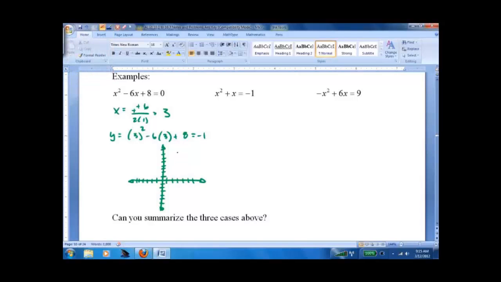Here's some examples. Come out to 3, 1, it's at 8. Here, it's going to hit. Let's factor it. Kind of out of space, so I'll do it down here. x minus 4, x minus 2, x equals 4, x equals 2. It's going to hit here and here.